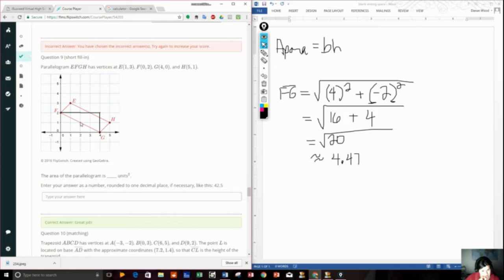And the height of this, I'm going to look for, I know the height has to be at a 90 degree to the base. And so we're going to, I'm going to use these 2 points.